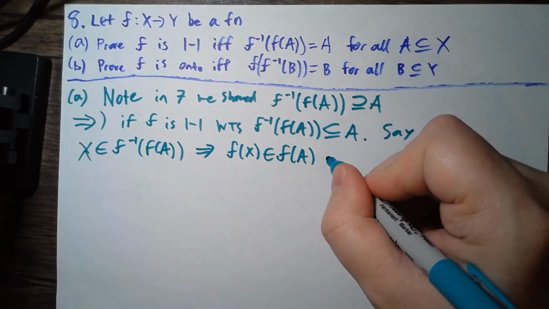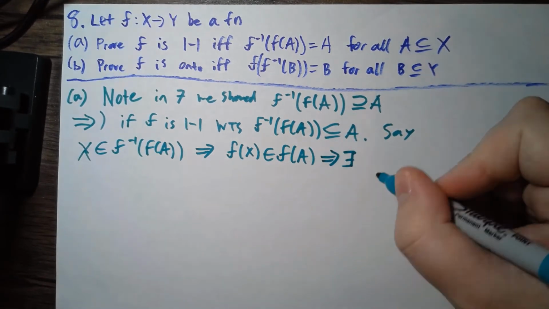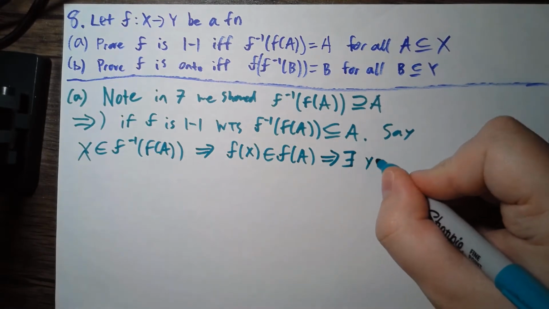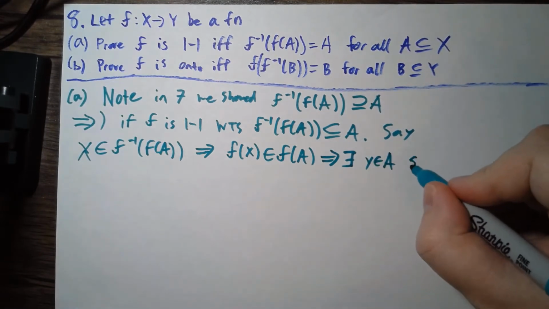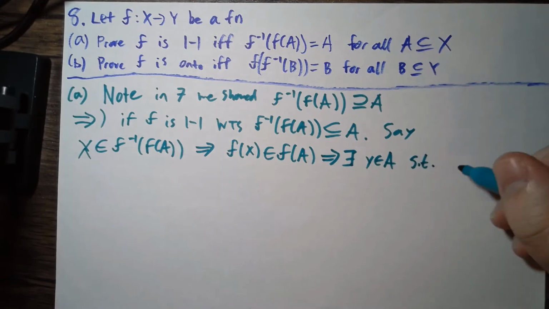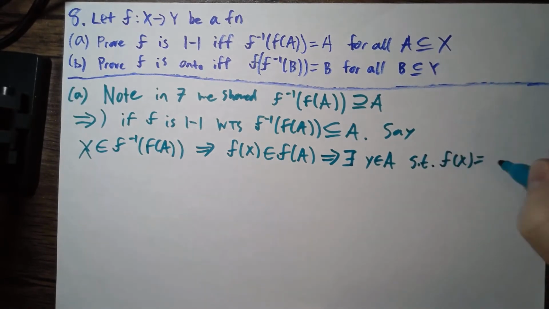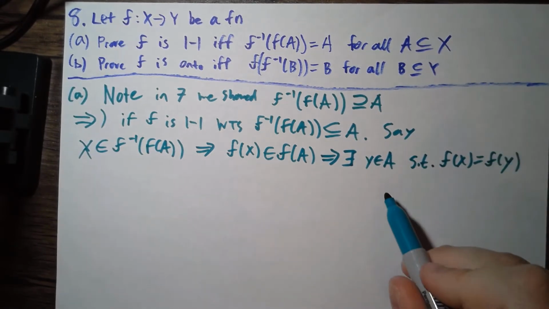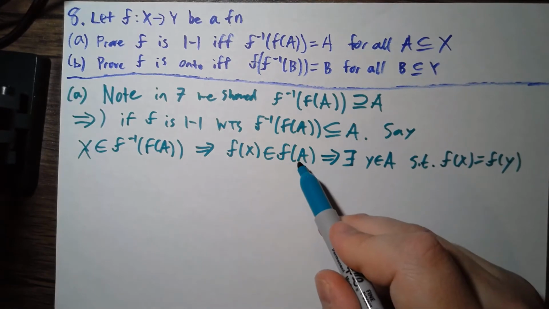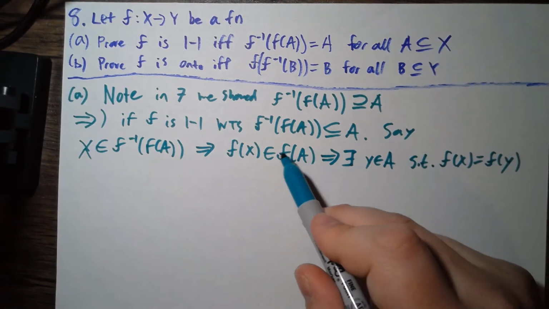But this just means that there exists some element, say y, in A, such that f of x is equal to f of y. That's just what it means for f of x to be in the image of A under f.